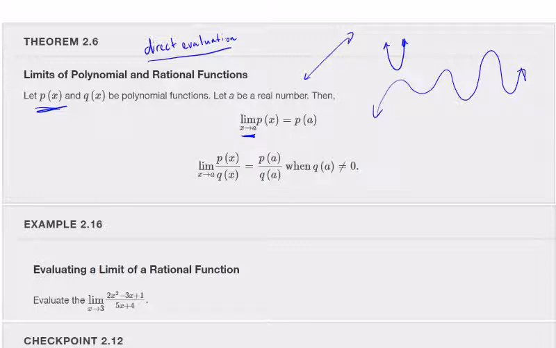And so if I have some value a that I'm approaching, let's say a is right here on the x-axis, then if it's continuous, whatever it approaches from the left is going to be the same as whatever it approaches from the right, and also the same as the output, which is f of a.